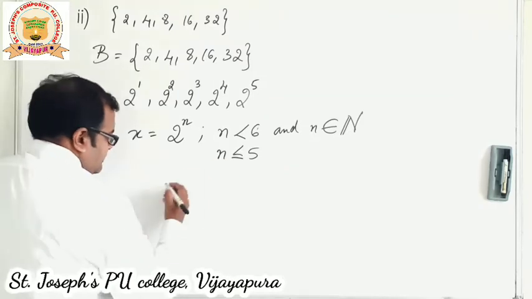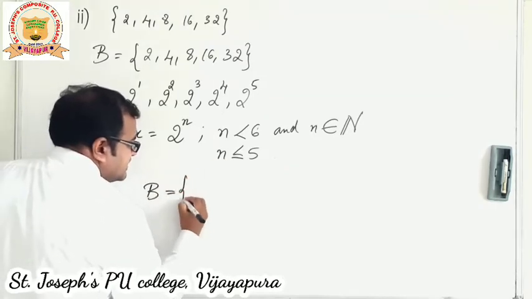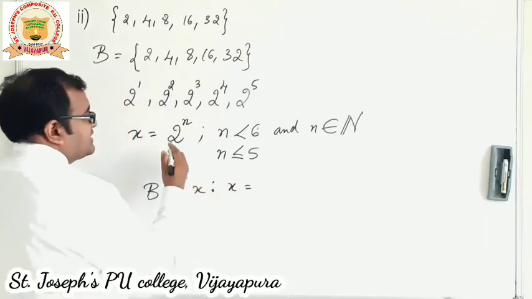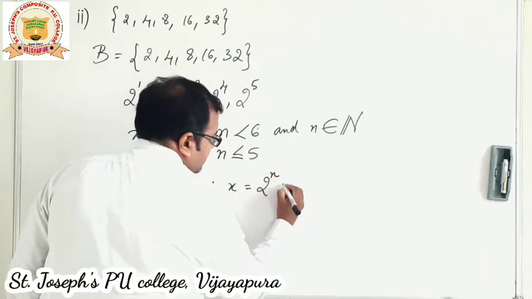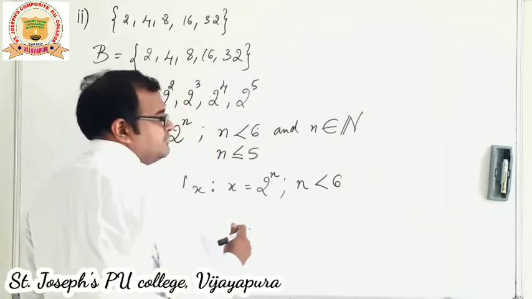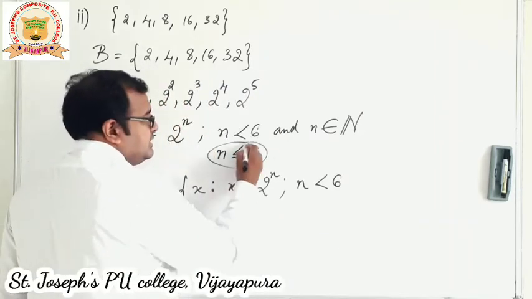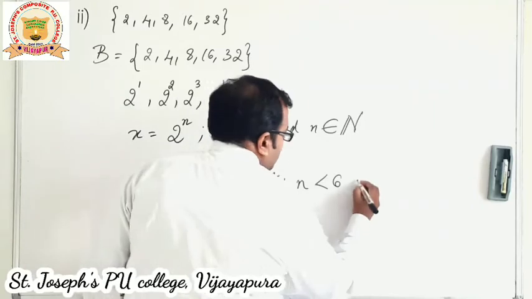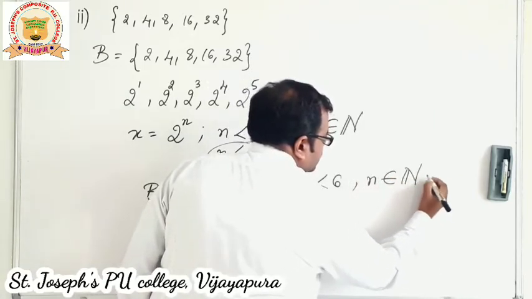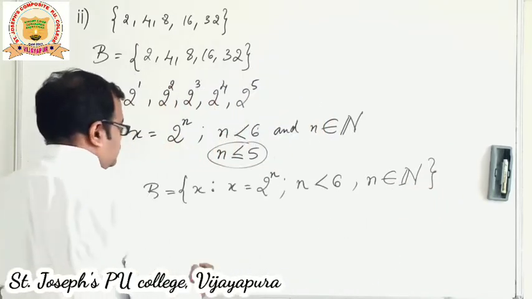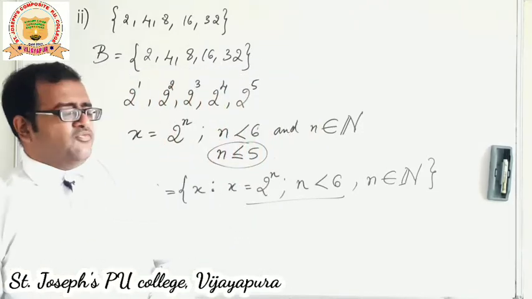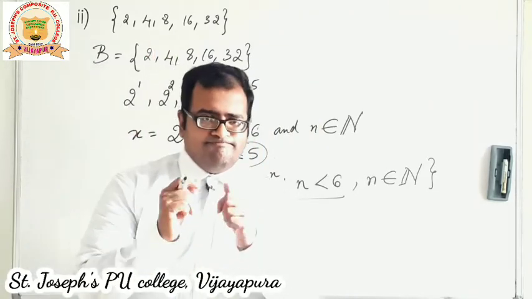Now I can write B is a set of all x such that x is equal to 2 raised to n, where n is strictly lesser than 6, or you can write n is less than or equal to 5, and n is also a natural number, or n belongs to natural numbers. Hence, this is the set builder form for the given set.